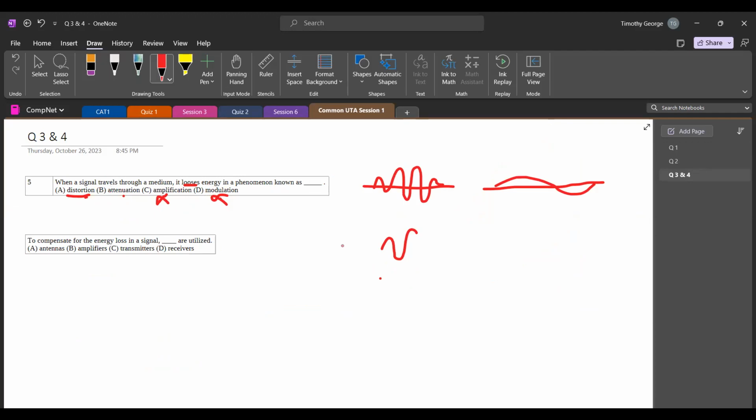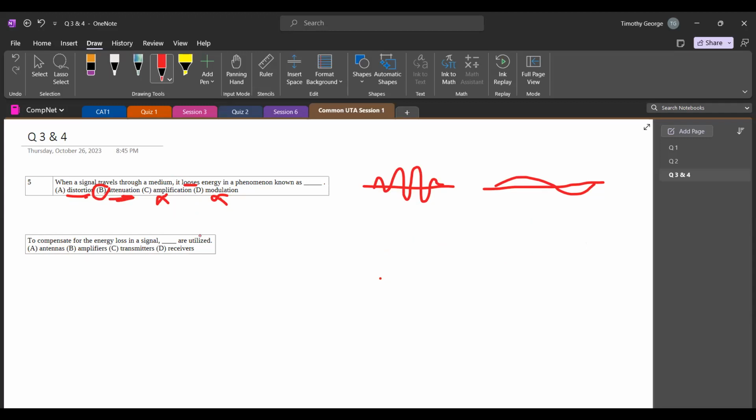A signal can lose energy and be distorted, but if you have a signal and it completely is distorted into something else, this is also distortion, but it doesn't tell us anything about the energy. That's why the answer is only attenuation. So we eliminated everything else. And if you knew attenuation, immediately you should know that something is weakening. That's how energy is lost.